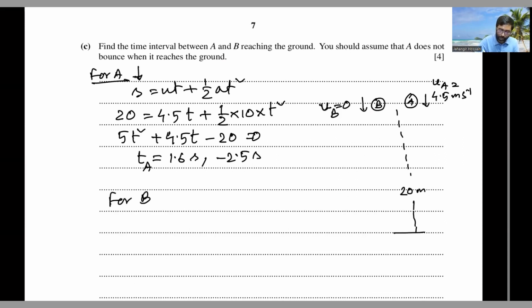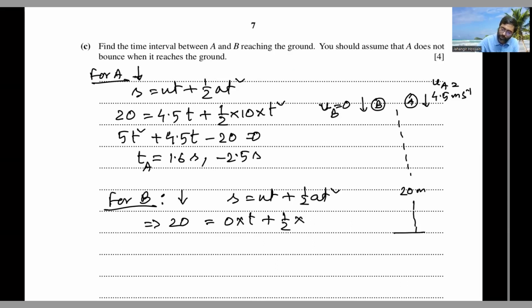And for B, we apply S equals UT plus half AT squared. U is 0 for B. S is 20, so 20 equals 0 into T plus half into 10 into T squared.